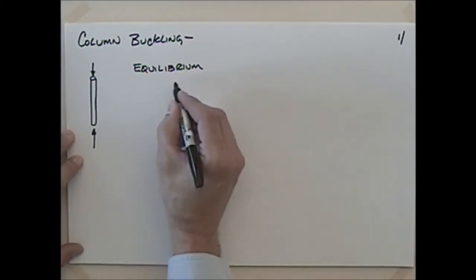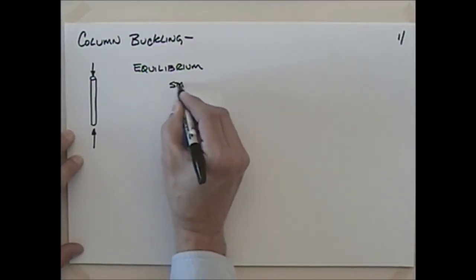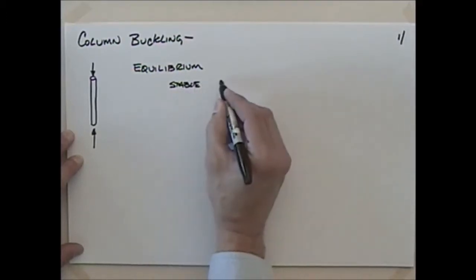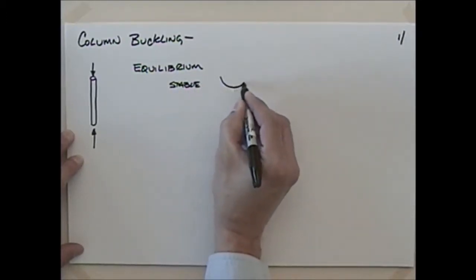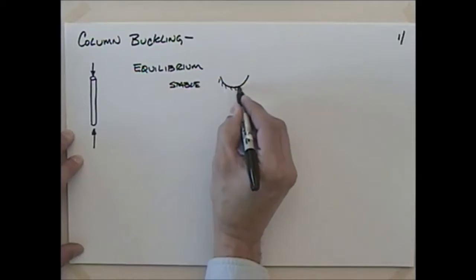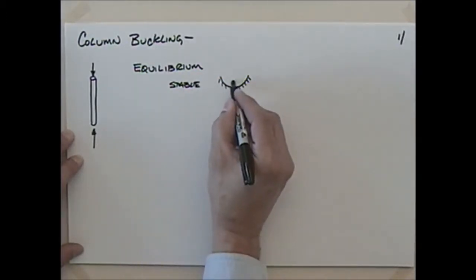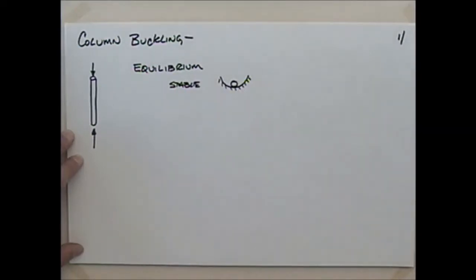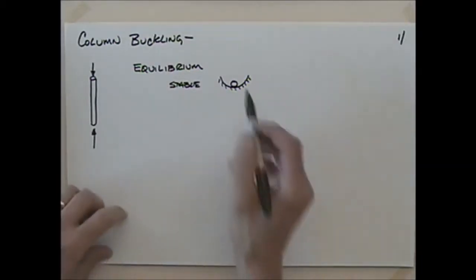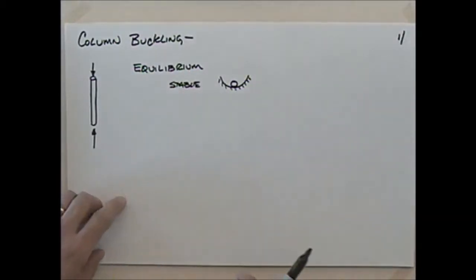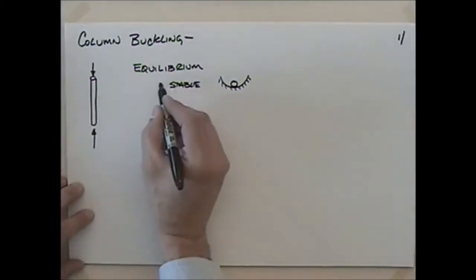We could have a stable equilibrium, and the analogy for this is a ball that's at the bottom of a valley like that. If you were to displace this ball sideways one way or another, it would return to equilibrium. So that's stable.